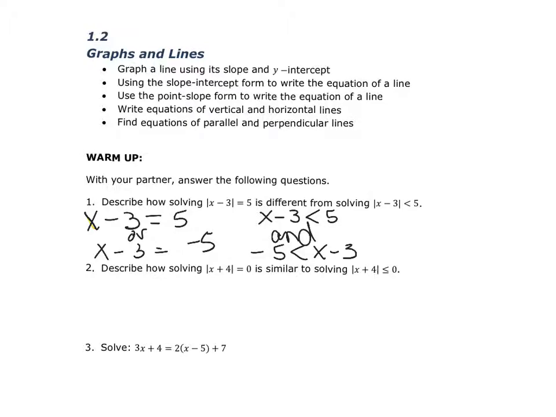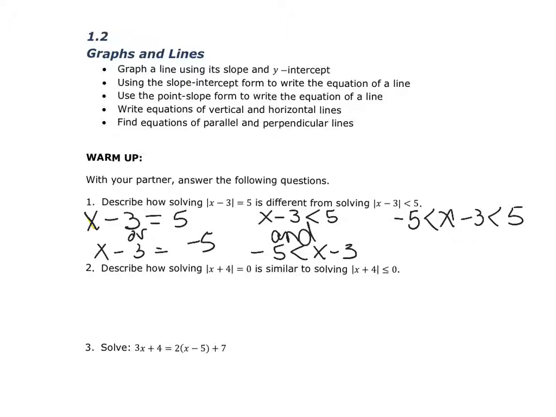Like I said, though, I could write this as a compound inequality: negative 5 is less than x minus 3, which is less than 5. And then I can solve it simultaneously. Because it is a less than, I could do this with less than or equal to. If it was a greater than or equal to, I would have to break it apart into two separate inequalities. But the real difference between an inequality and an equation is that with an equation I'm expecting potentially a couple of answers, and with an inequality I'm expecting an interval of answers.